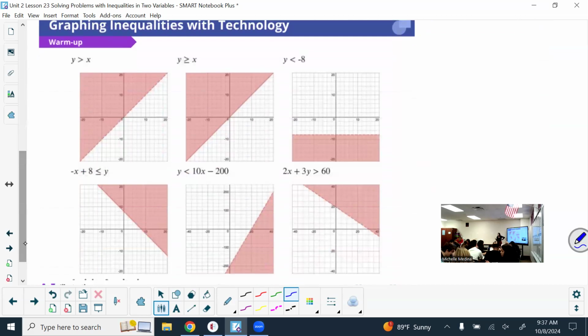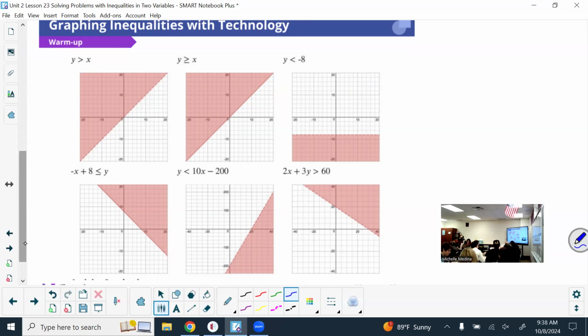Now with graphing technology, like Desmos, for example, it's very user-friendly. Normally, when we graph things by hand, what form do we want them to be in? y equals mx plus b, where that y is isolated. With Desmos, you don't have to put it in y equals mx plus b.